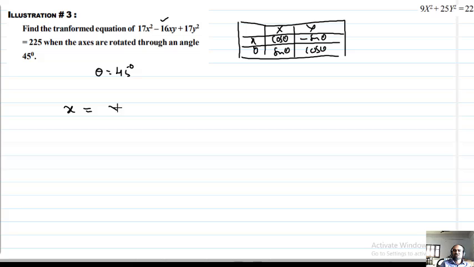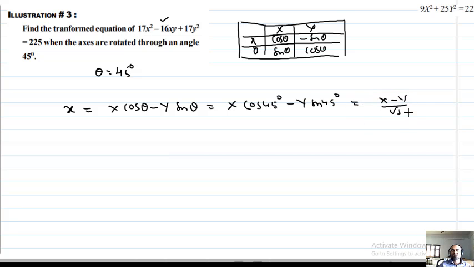Small x equals capital X cos theta minus capital Y sin theta. That is capital X into cos 45 minus Y into sin 45. That is (X minus Y) by √2, because cos 45 is 1/√2 and sin 45 is also 1/√2, taking the common factor.